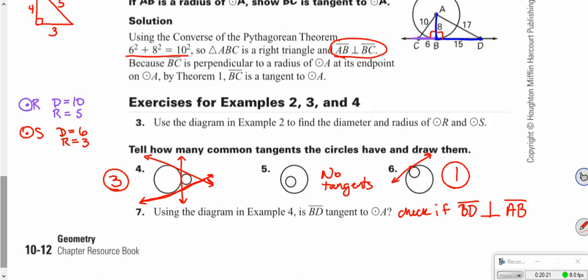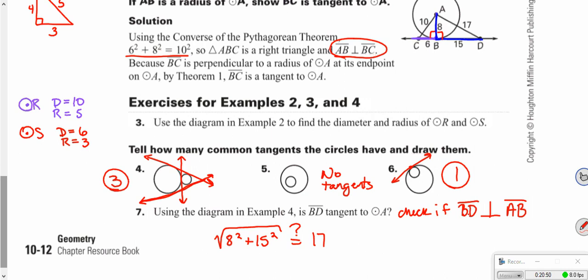So in order to check perpendicular, I use the Pythagorean theorem. So when I go to check that, I am checking if 8 squared plus 15 squared, if I take the square root of that, does that equal 17?